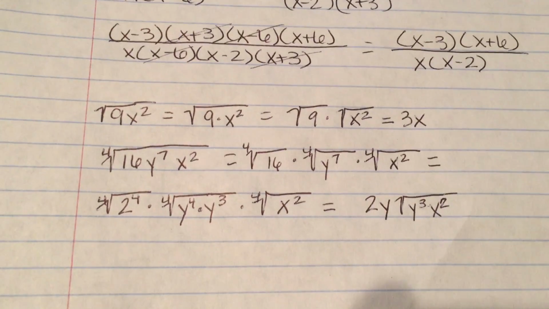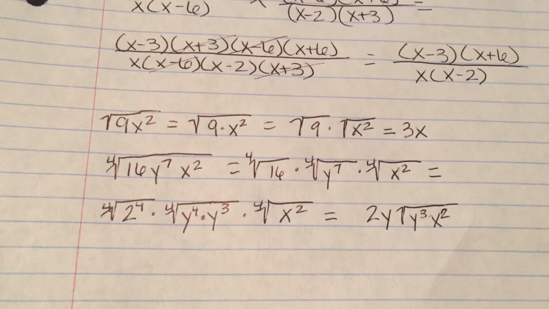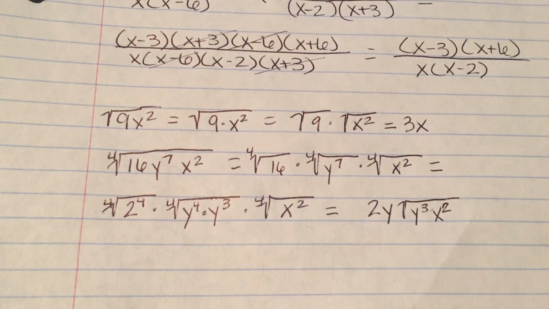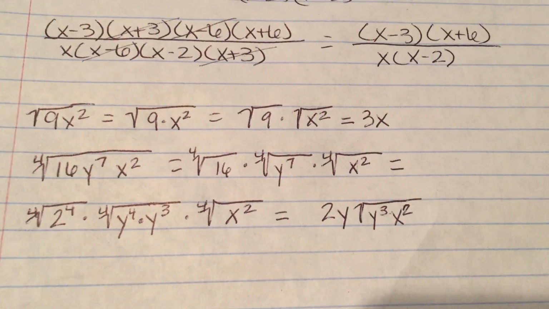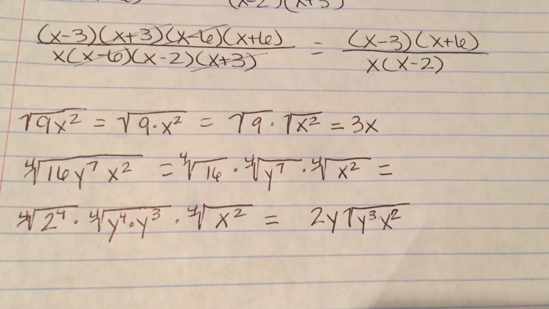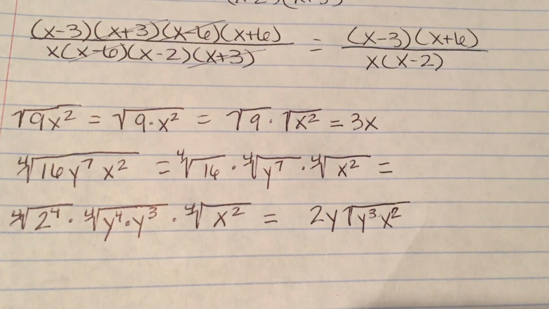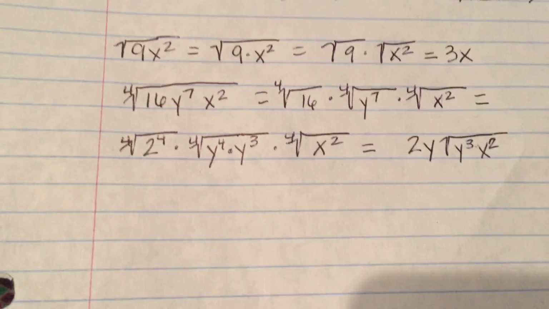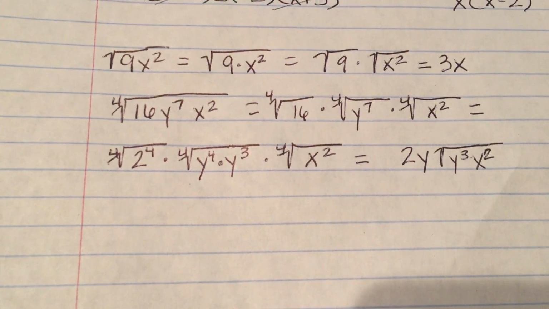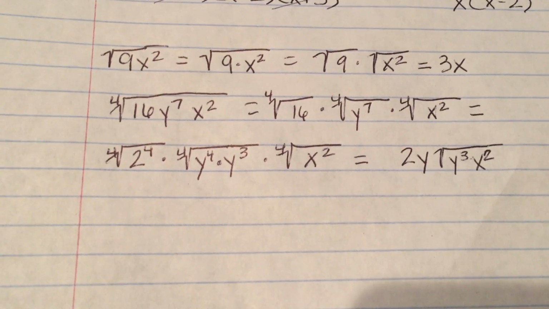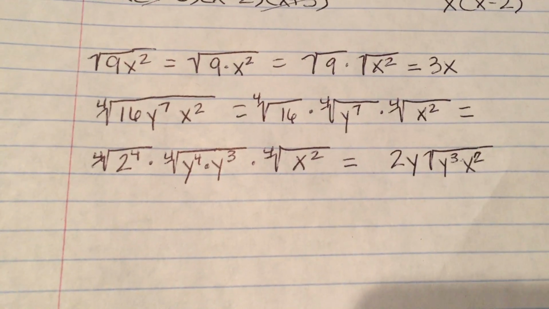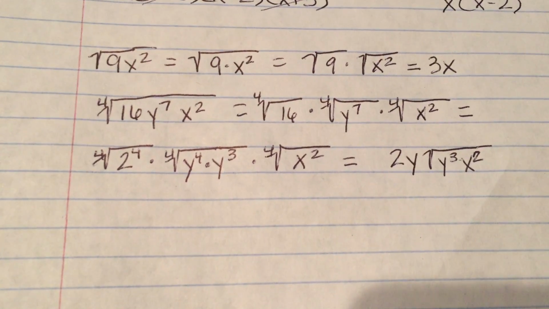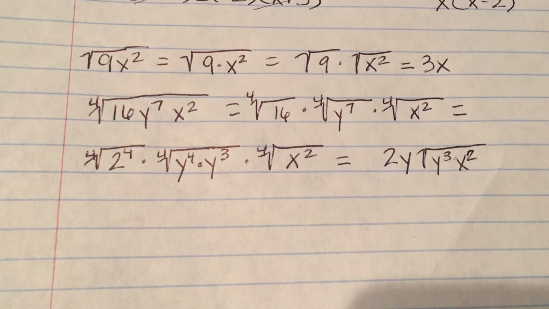Then my second example, I did the fourth root of 16 times y to the 7th times x squared, and I broke it down so that I could get the fourth root of 16 times the fourth root of y to the 7th and the fourth root of x squared, which then I brought down here. 16 is 2 to the 4th, and y, I split it into y to the 4th and y to the 3rd, and then x remains x to the 2.